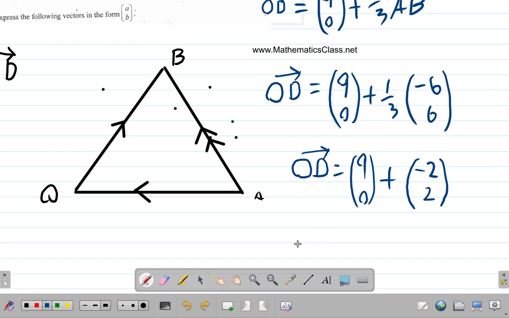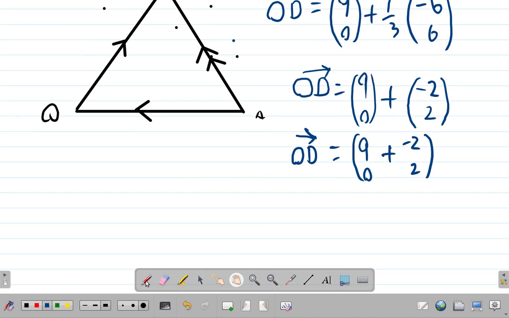So, OD is equal to, this is 90 plus -2, 2. So here, OD is equal to 9 plus -2 is 9 minus 2, which is 7. 0 plus 2 is 2.